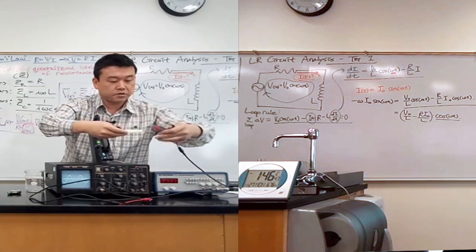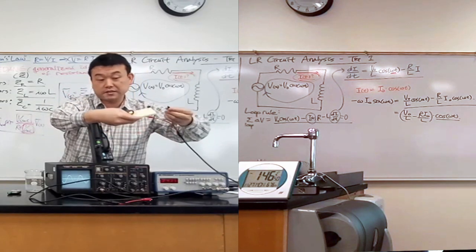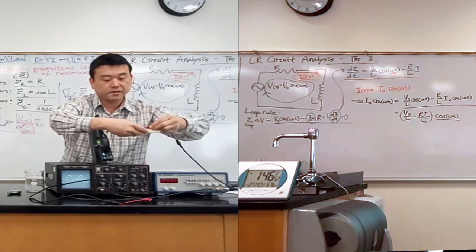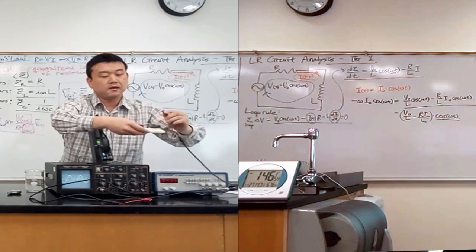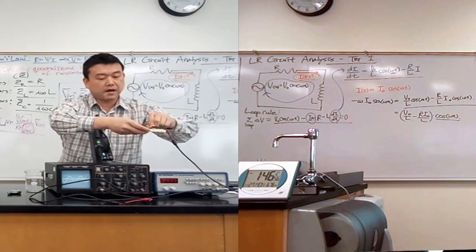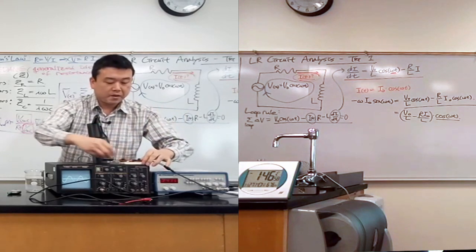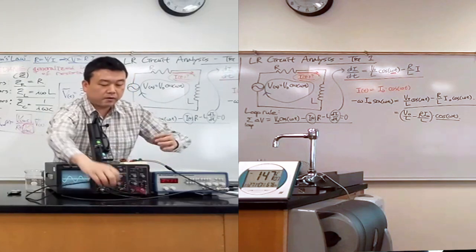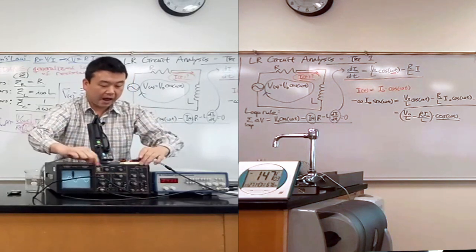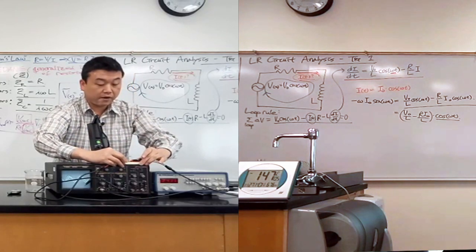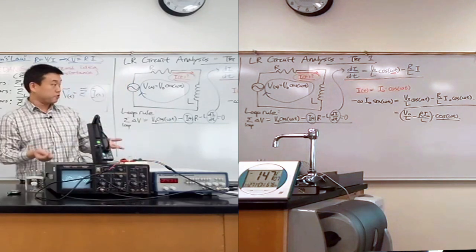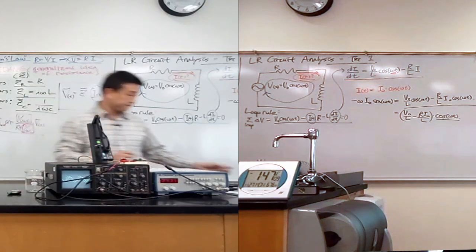So let me apply the voltage across the, so this is an inductor and resistor in series, in case you haven't realized it. So I'm applying a voltage now, and I will measure the output voltage across the resistor, which will be something proportional to the current.